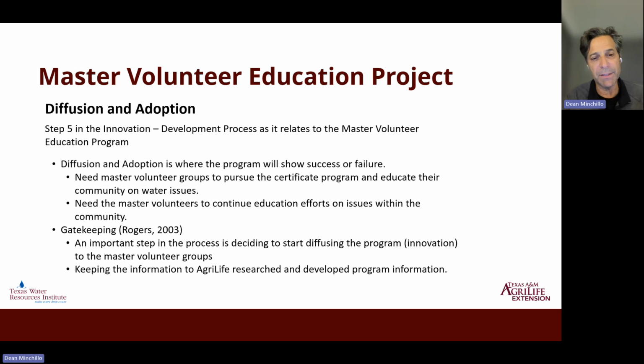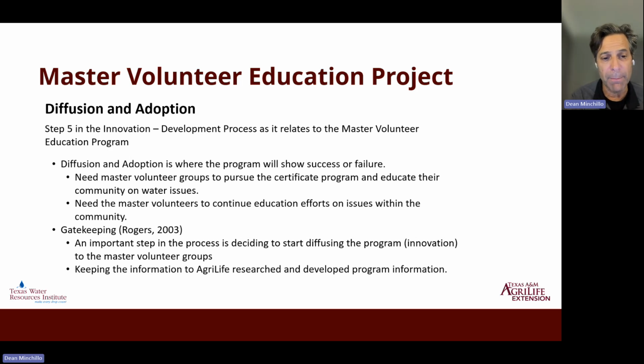So that is really the critical part. Without those, you really can't have consequences, which would be the next step after this, because you haven't got the program going. But we've done everything up to this point, and now it is almost time to actually put this program out into the community.